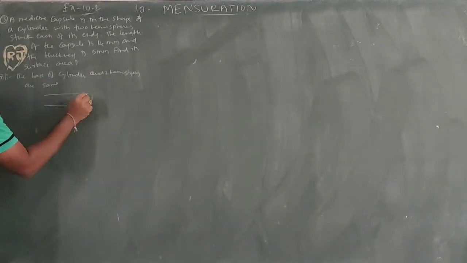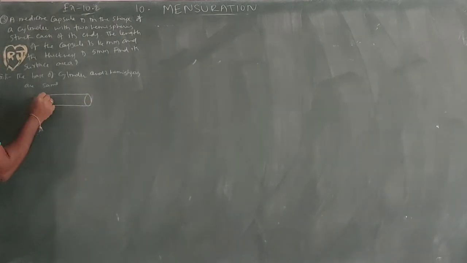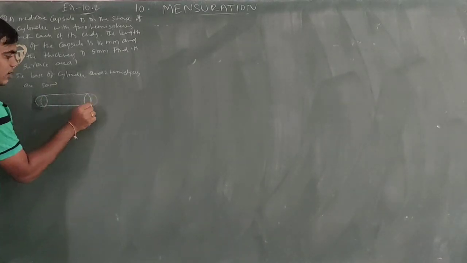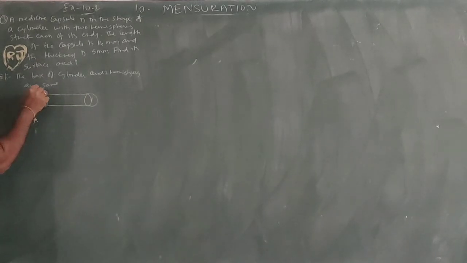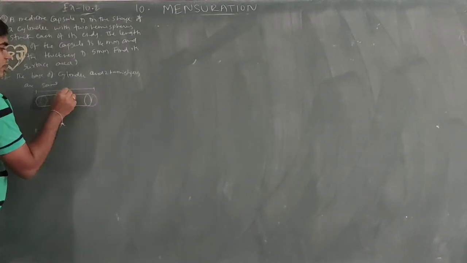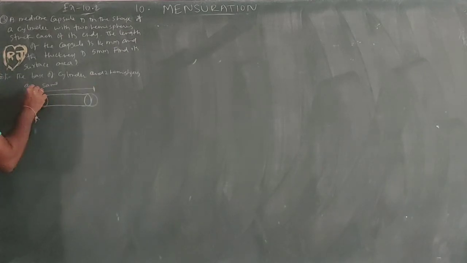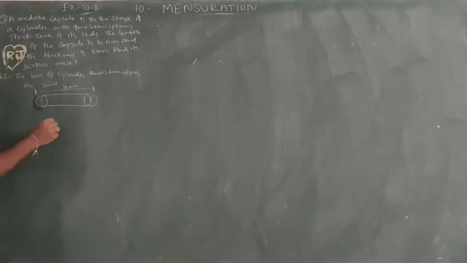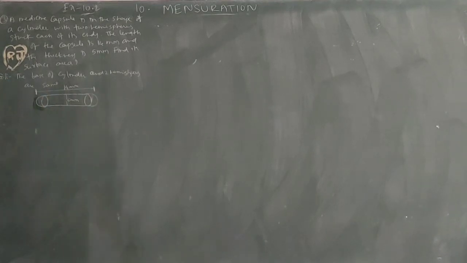So this is the cylinder, and these are the hemispheres. The total length is given as 14 millimeters, and the thickness is 5 millimeters. Thickness is nothing but diameter. The total length starts with a hemisphere and ends with a hemisphere, so the total length is 14 millimeters.